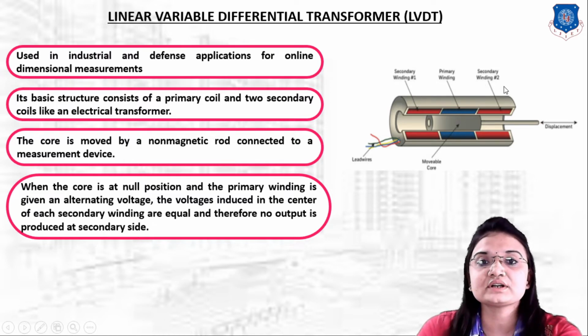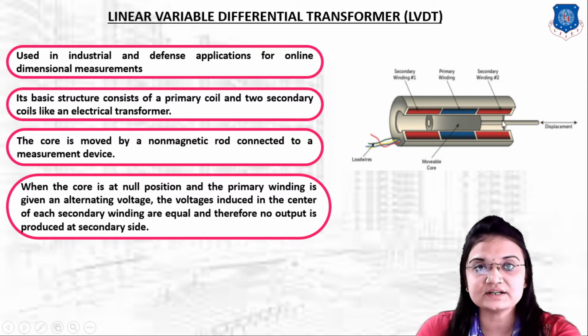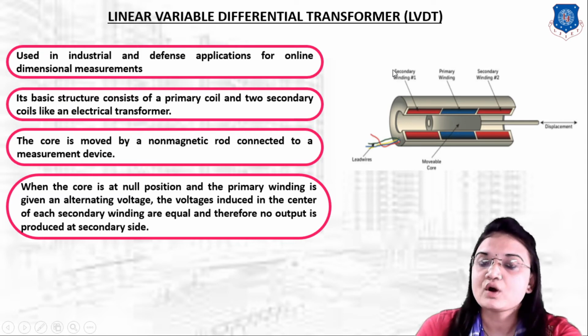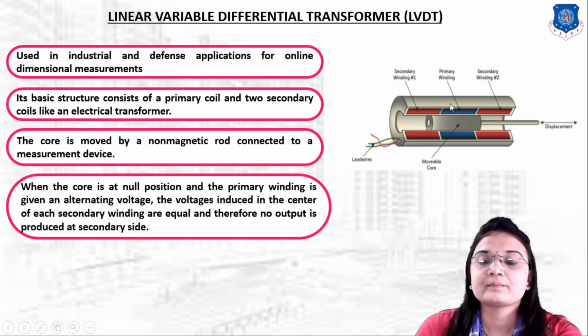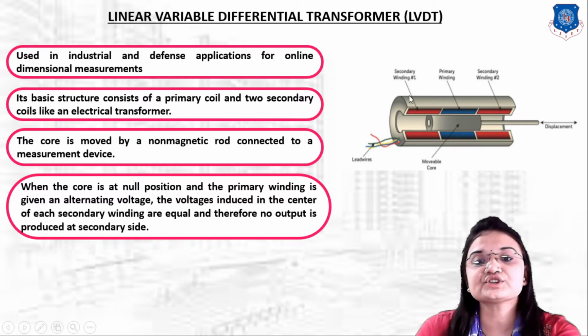So there is a voltage difference between these two secondary windings, and so there is voltage produced in our output. If the core moves to the right side, the voltage produced at secondary winding number 2 is greater than the voltage produced in secondary winding number 1, so at that time also we will get output. But at null position the voltage produced at both secondary windings is the same, so the difference between these two voltages will become zero.